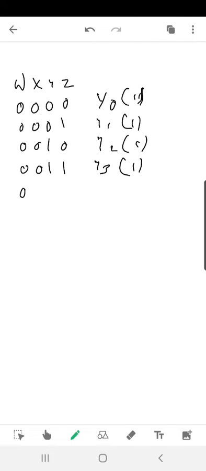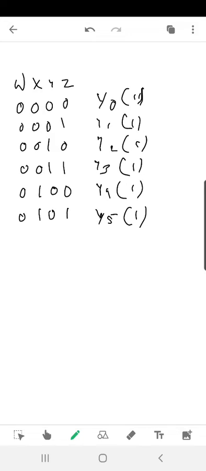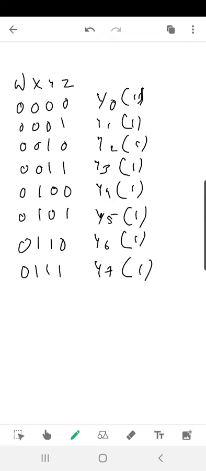0100 represents 4, so we will get output at Y4 of our decoder number 1. Then 0101 represents 5, so we will get output at Y5 of decoder number 1. 0110 represents 6, so we will get output at Y6 of decoder number 1. 0111 represents 7, so we will get output at Y7 of decoder number 1.